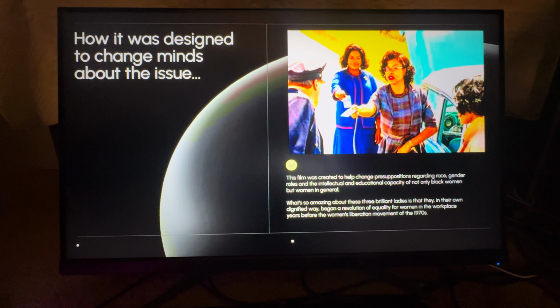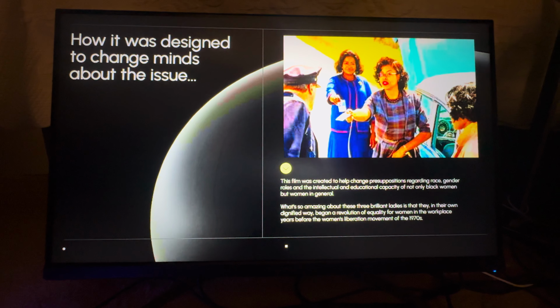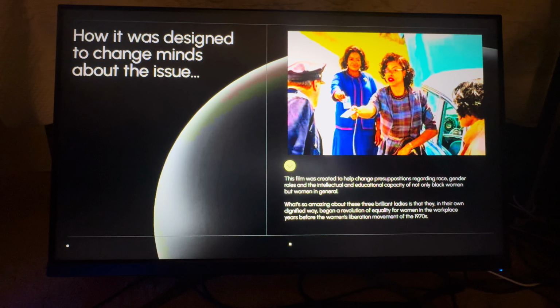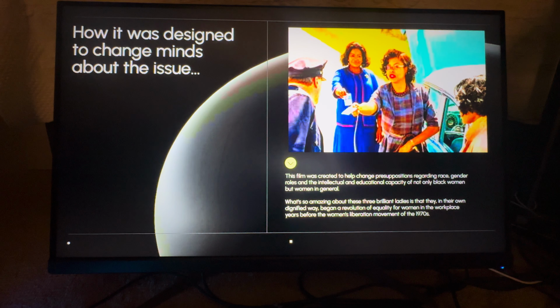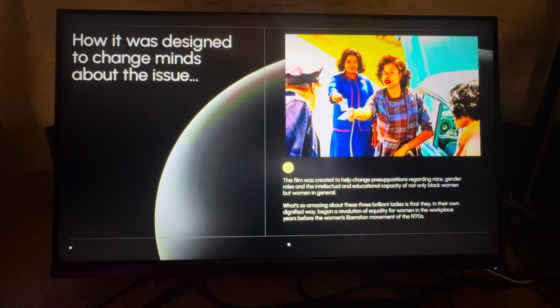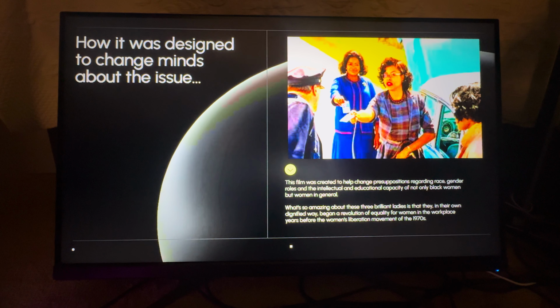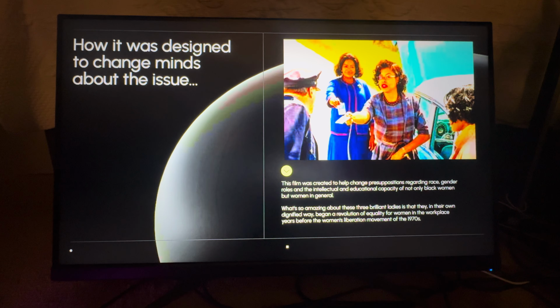You work hard at your workplace and do all these things for people, and you're not getting recognition for a while. Then there's the segregation, the colored bathrooms, and all these other issues going on throughout the film.